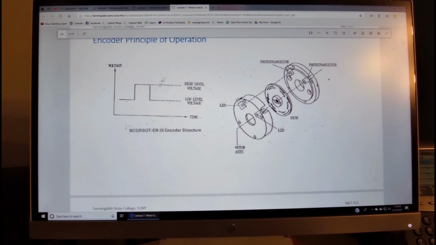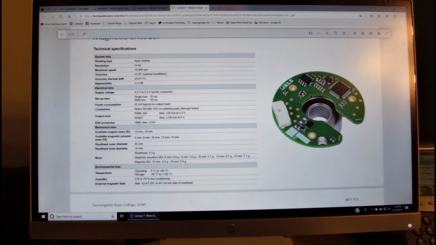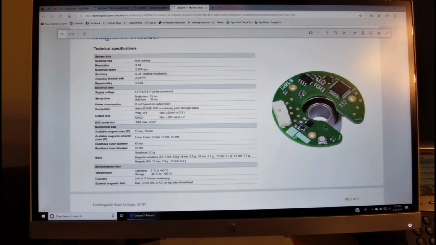This element is attached to the rotor with a screw over here, and this is attached to the stator. We see here an example of a magnetic encoder where the rotor has magnets and the Hall sensors are provided on a periphery.